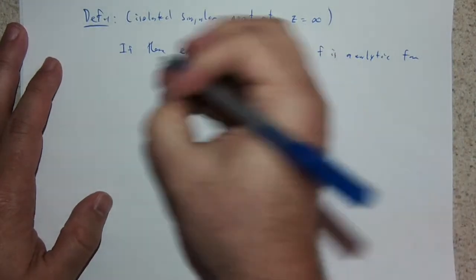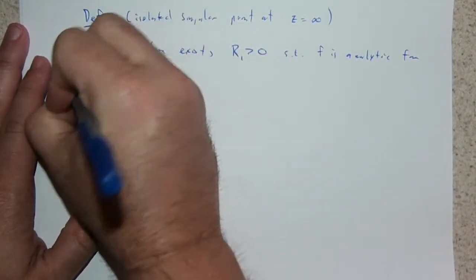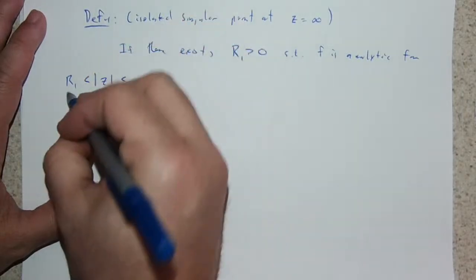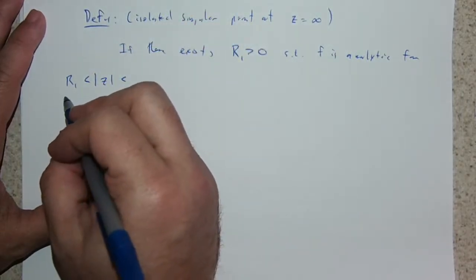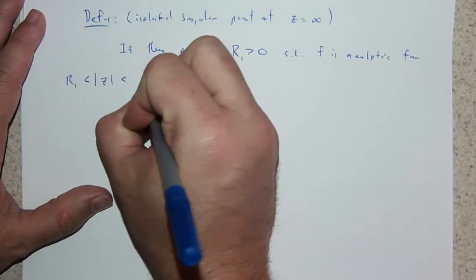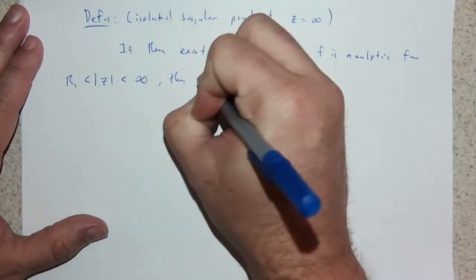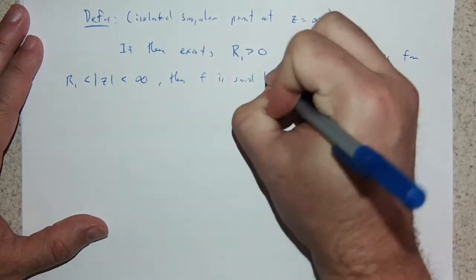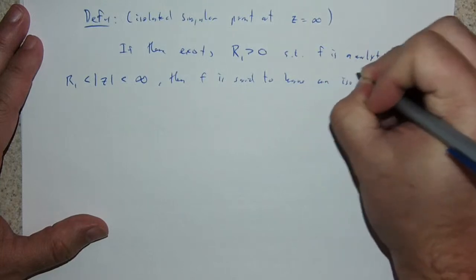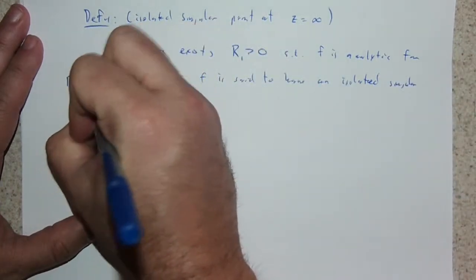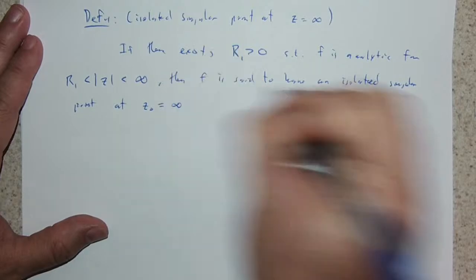for the annular domain where I've excised a radius r sub 1 ball centered at the origin from the plane, so f is analytic everywhere up to infinity, so that you can consider this a deleted neighborhood of infinity, then f is said to have an isolated singular point at z naught equals infinity.